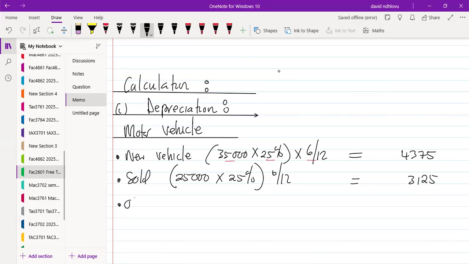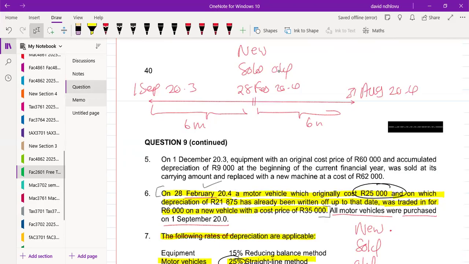Then I want the old, the remaining vehicle, the old vehicle that was there at the beginning of the year that was never sold. How do we deal with that one? Right, we need to go back to the trial balance.